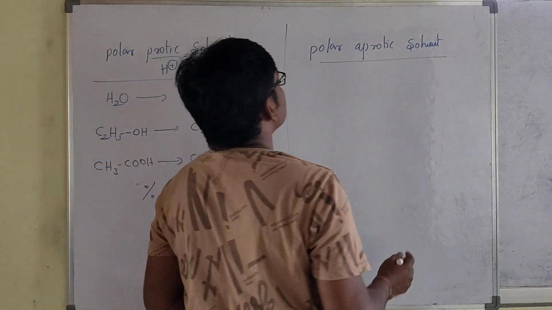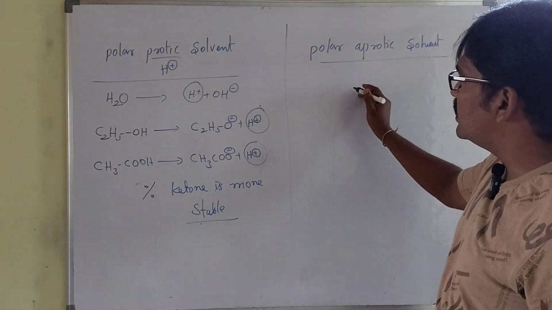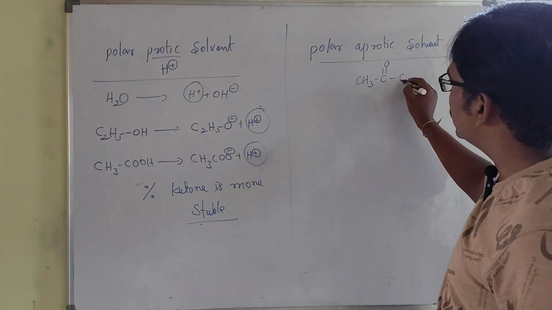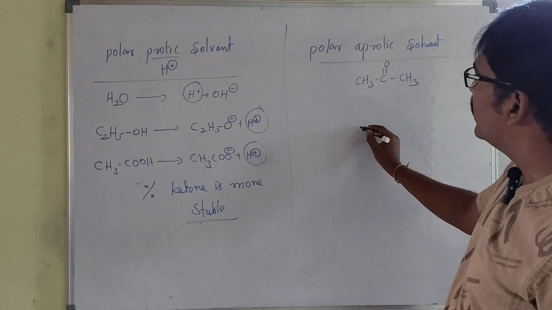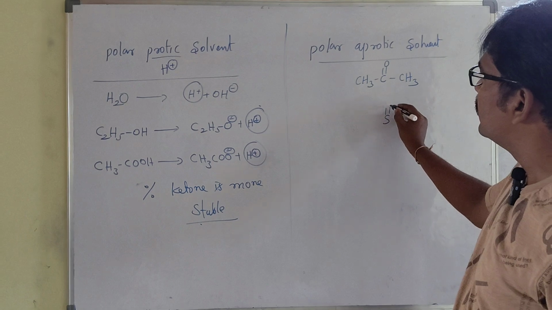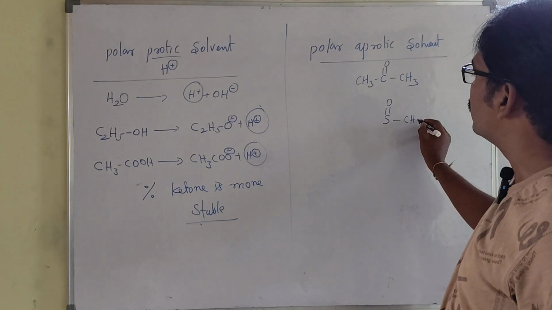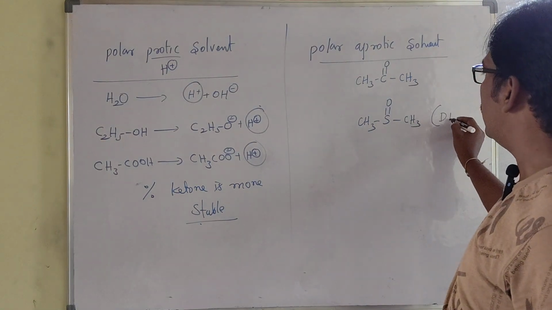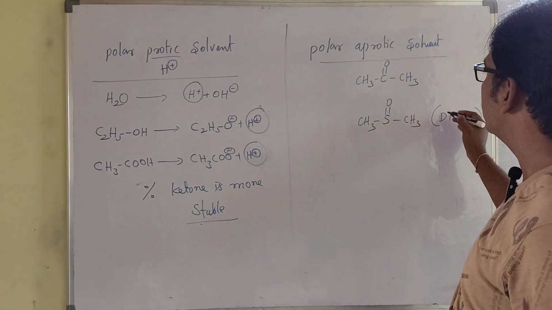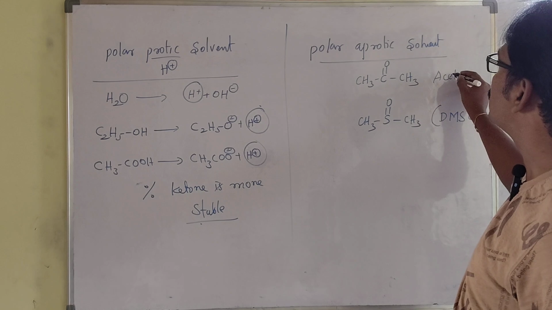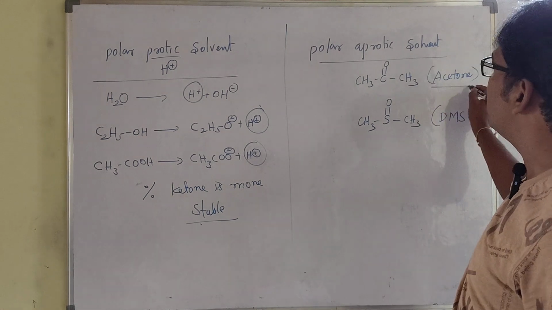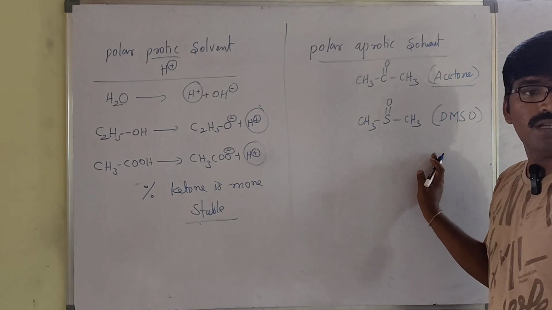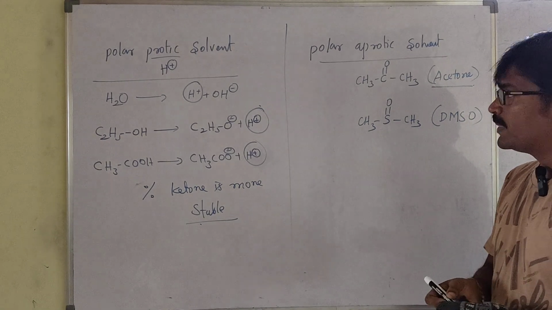In the case of polar aprotic solvents like acetone, CH3, C double bond O, CH3, then DMSO, dimethyl sulfoxide, these two work as solvents. We call these aprotic solvents because they won't give protons.